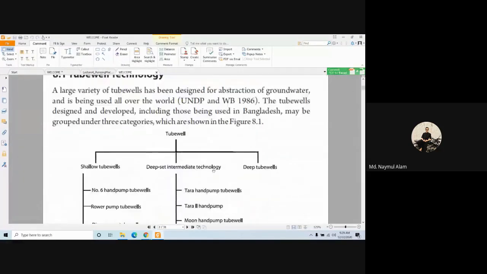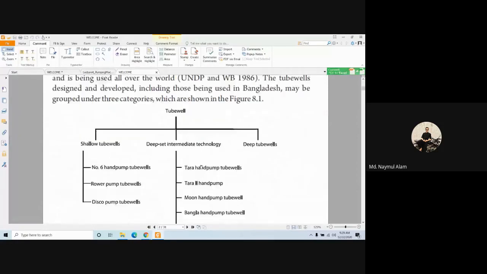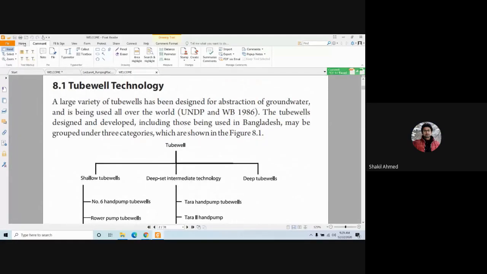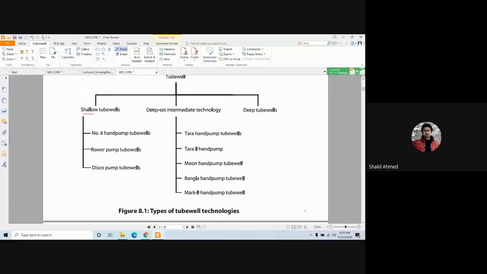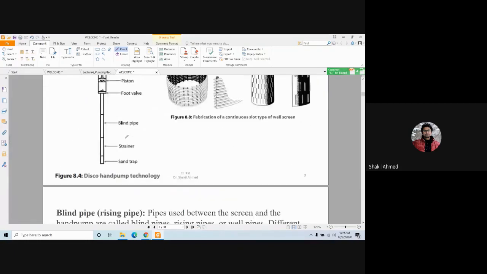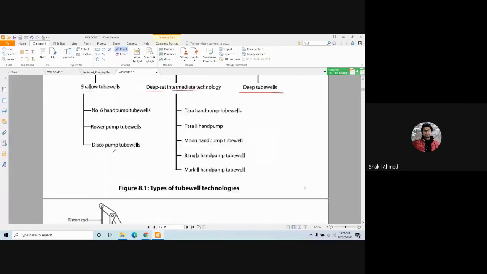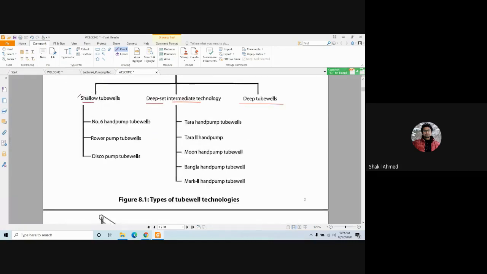so now let's go back to the well design. Tube wells can be of many shapes, like shallow tube well, deep intermediate tube well, and deep tube well. Shallow tube well may have different categories like hand pump tube well, rower pump tube well, disco pump tube well, and many others.